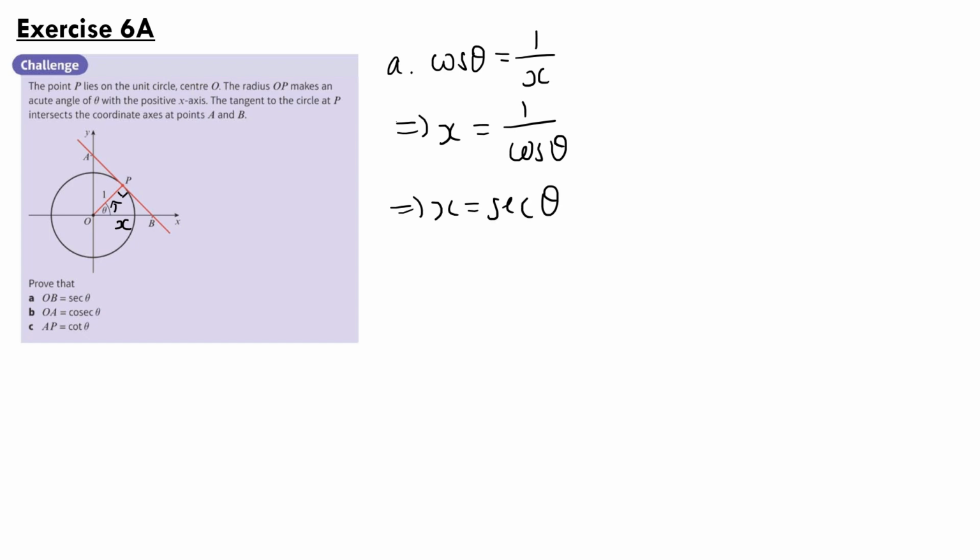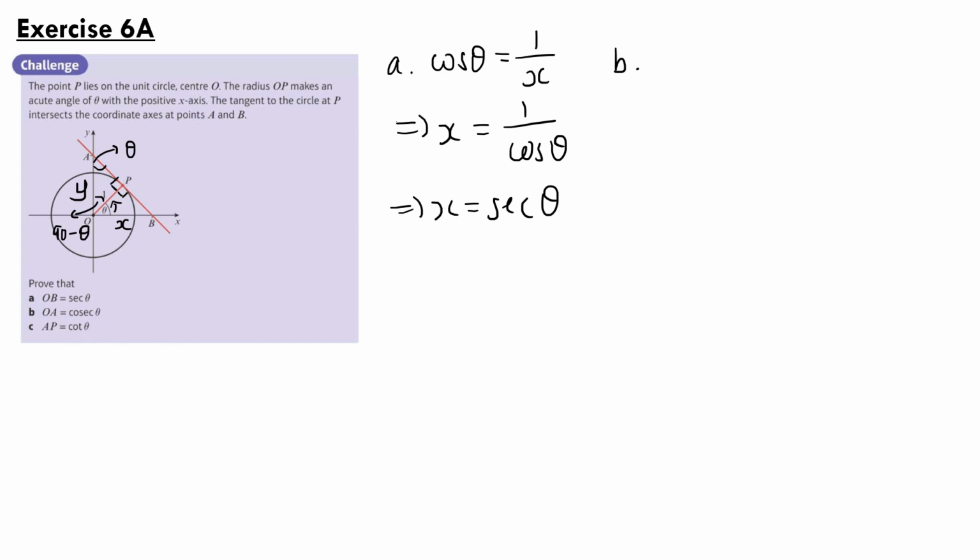And now if we look at part B, for OA, if we call that length y, and we now have a look at the triangle OAP, again we're going to have a right angle here. Now if we try and work out an angle in this triangle, we know this angle here is going to be 90 minus theta, so this angle up here is going to be theta.